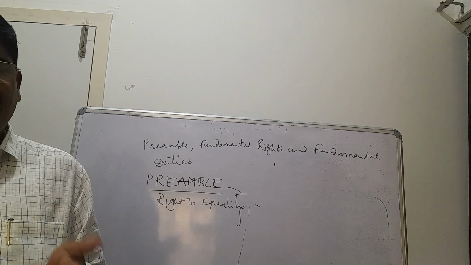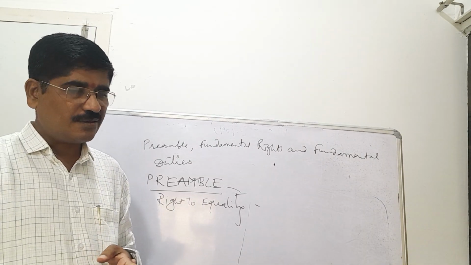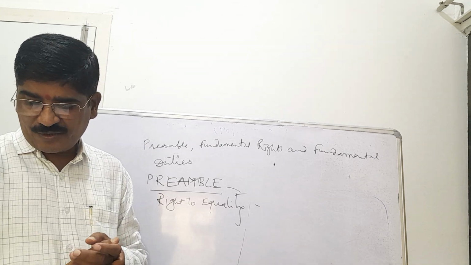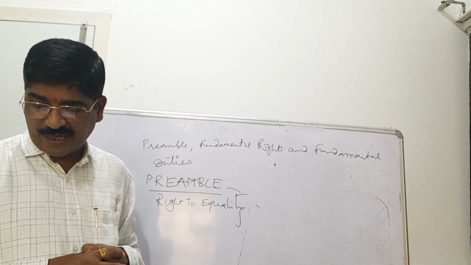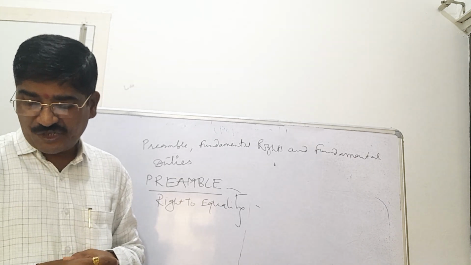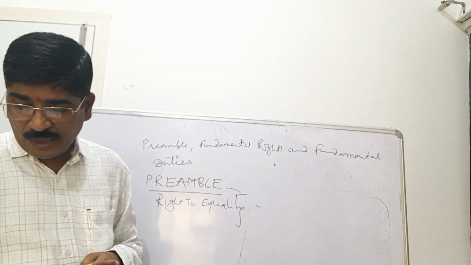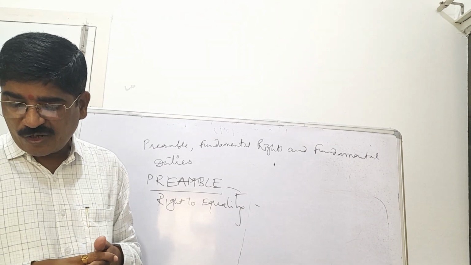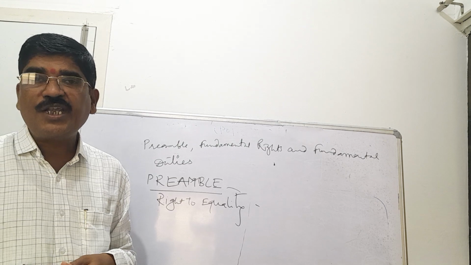About the discrimination, the next point, in the same connection, it is stated that prohibition of discrimination on the ground of religion, race, caste, sex or place of birth. The state shall not discriminate against any citizen on grounds only of religion, race, caste, sex, place of birth, or any of them.